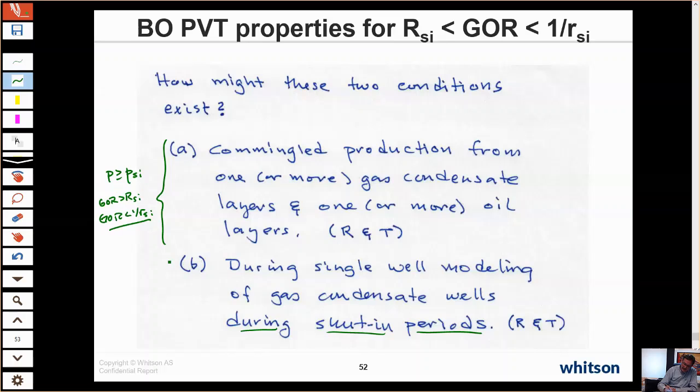So this is another situation where you need the saturated and undersaturated properties for this interval here that we don't normally have properties for. So these are just two examples.